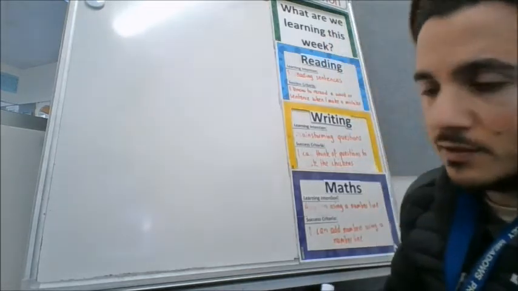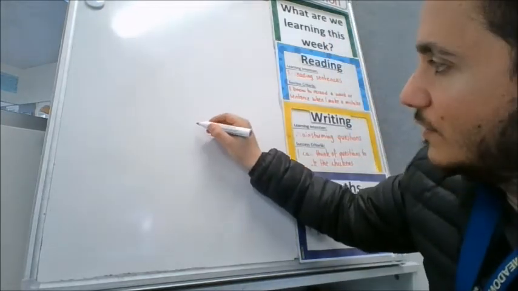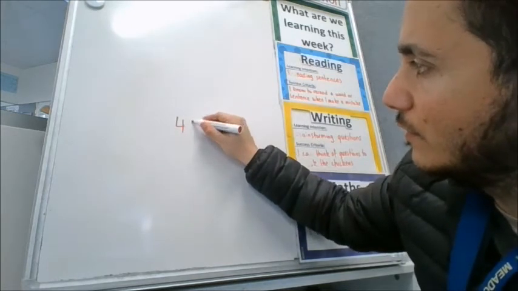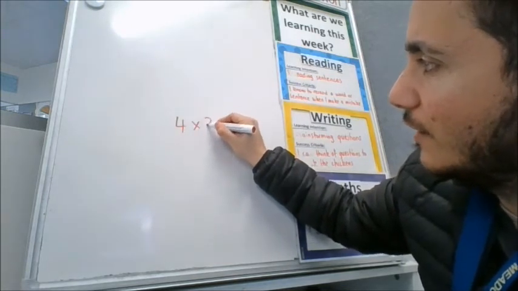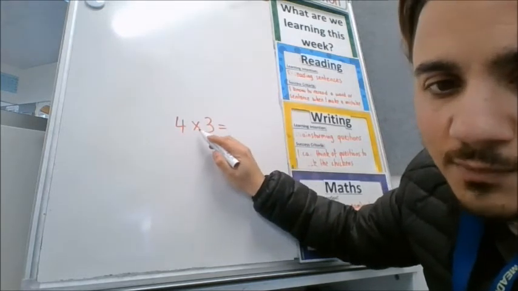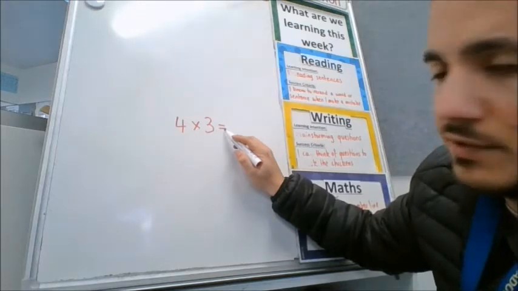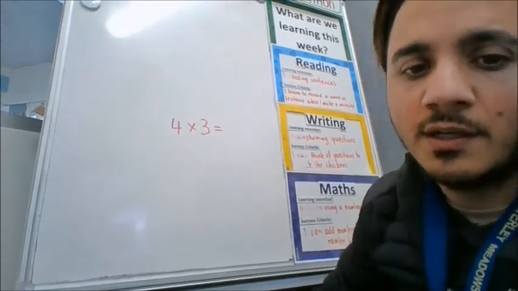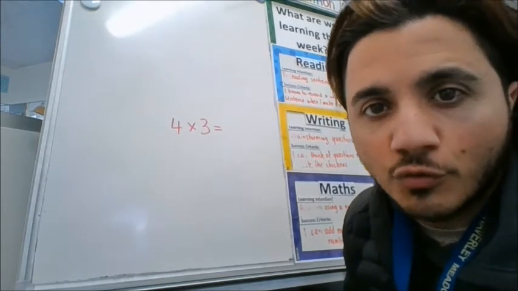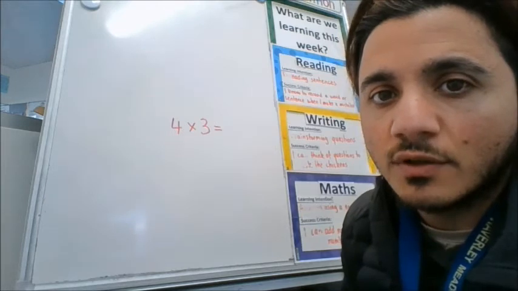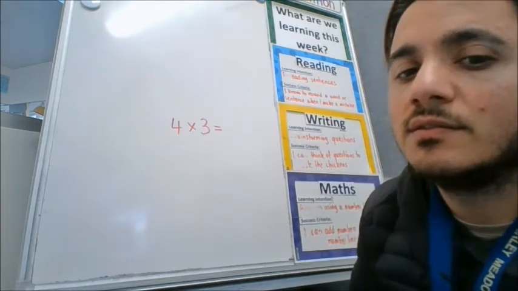I'm going to go through another multiplication equation now. I'm going to look at 4 multiplied by 3. What's another way that we can say that? 4 times 3 equals, we don't know yet, but I'm going to work that out using the strategy of groups. Remember, to be successful today, I can draw circles and dots to help me work it out.